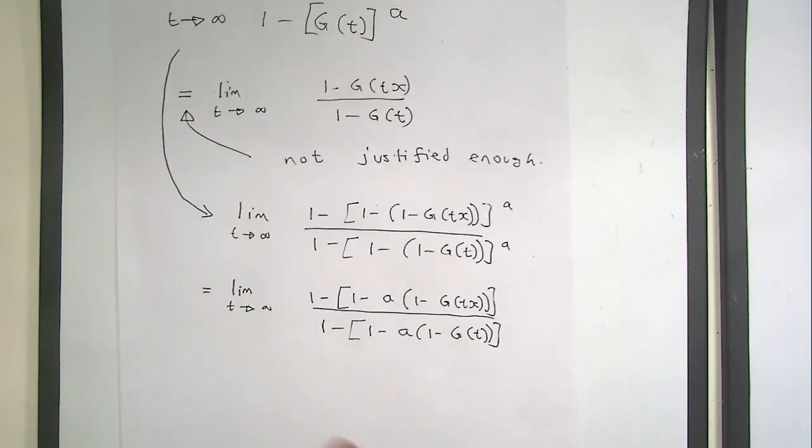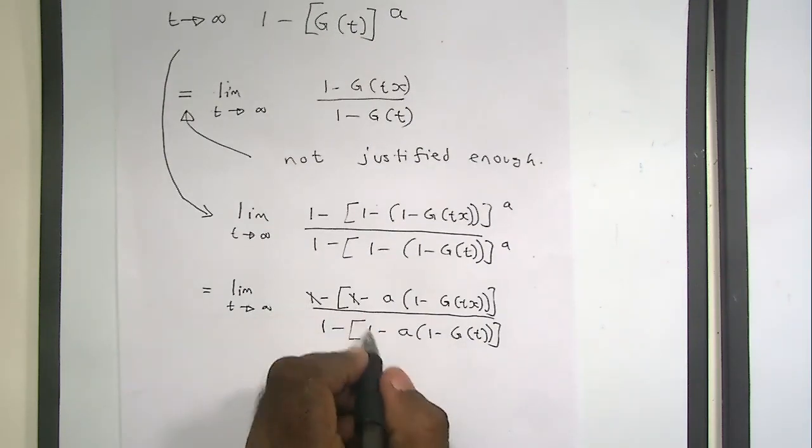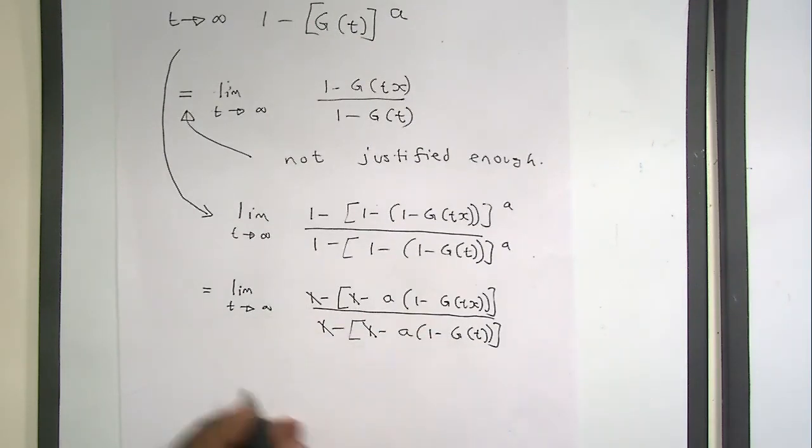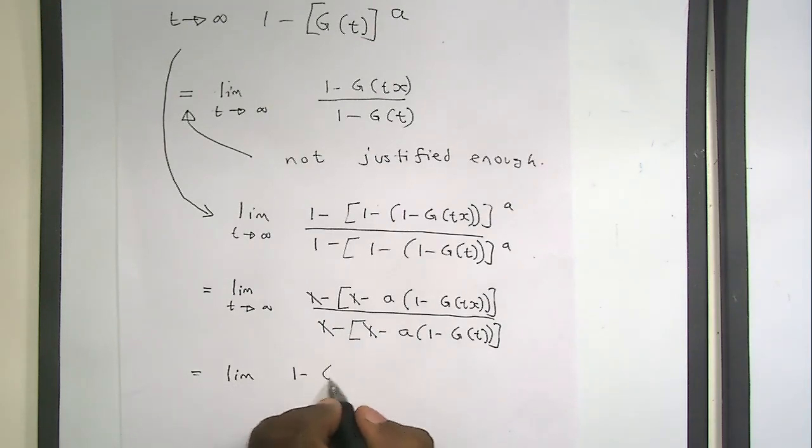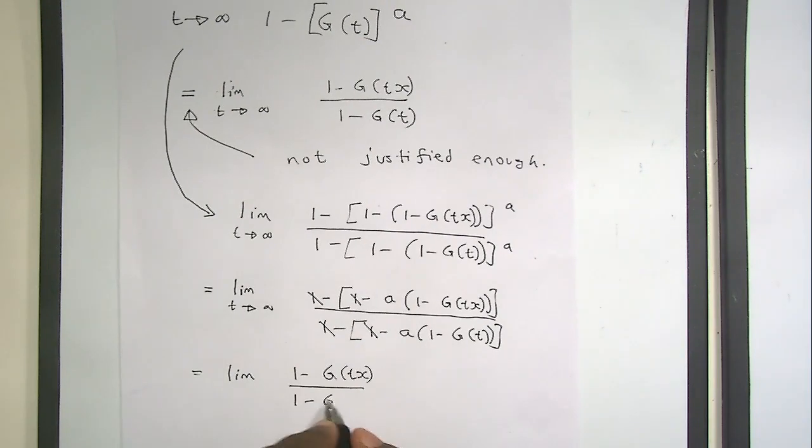Then the 1 and the 1 cancel, and the a cancels, and this becomes the limit of 1 minus gtx divided by 1 minus gt.